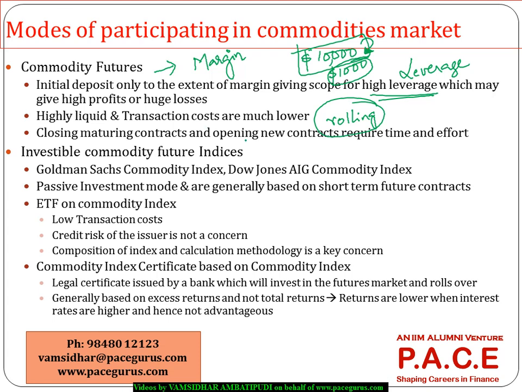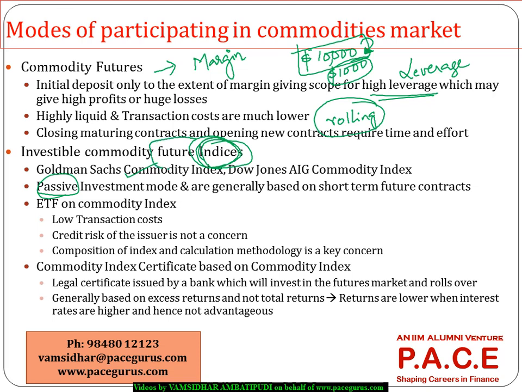Then the other kind of advancement, the same commodity futures, but commodity future indices. There are a couple of indices which are very popular with respect to the commodity future contracts. Goldman Sachs Commodity Index, Dow Jones AIG Commodity Index, these are all very heavily popular commodity futures indices. But of course, just like any other index investment, to a large extent it can be a passive investment mode.